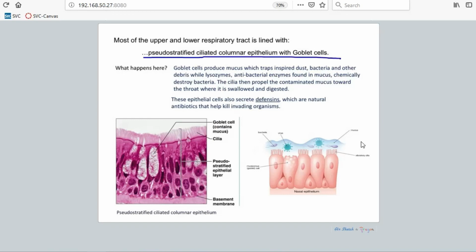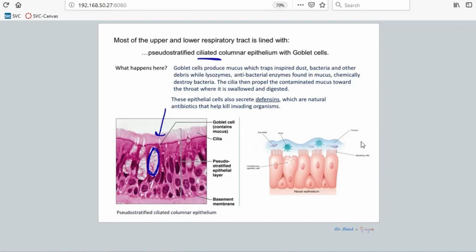So pseudostratified because it looks like there's multiple layers, but they're actually not. There's just one layer of cells, and all of those cells are able to touch this basement membrane there. So they're pseudostratified. It looks like it's stratified, but it's not. They're ciliated. We have cilia up there, and we have these goblet cells in there.